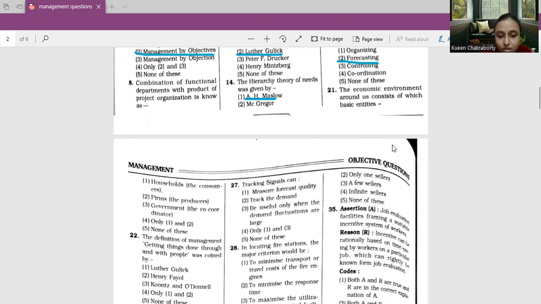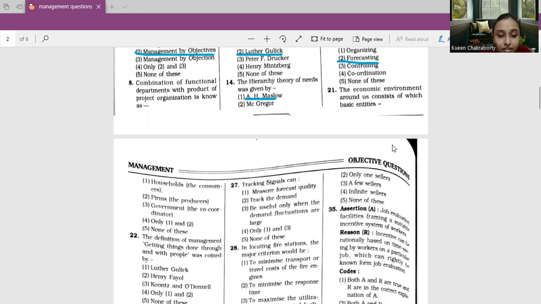So basically, coming to the answer, the economic environment consists of three basic entities around us: the household, which is the consumers, the firms, which is the producers, and the government, which is the coordinator. In present day society, every household is engaged in some economic activity in a firm, either to earn a livelihood in order to attain the ultimate objective, that is the satisfaction of human wants.